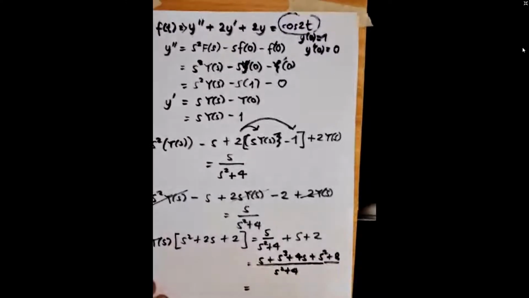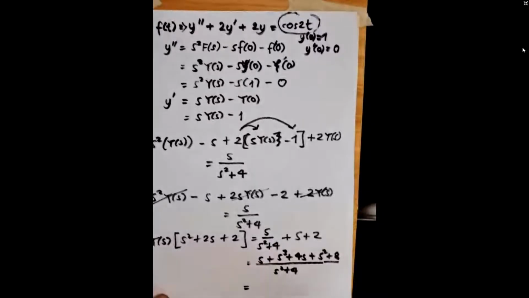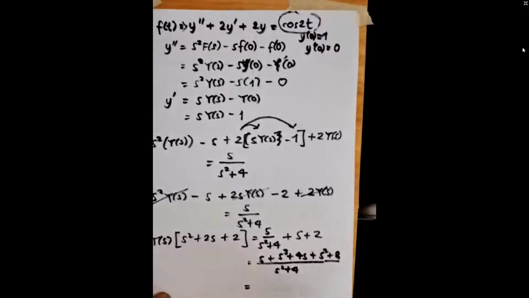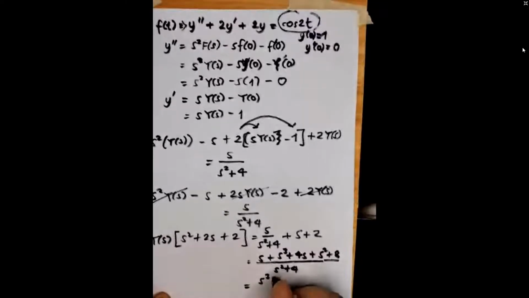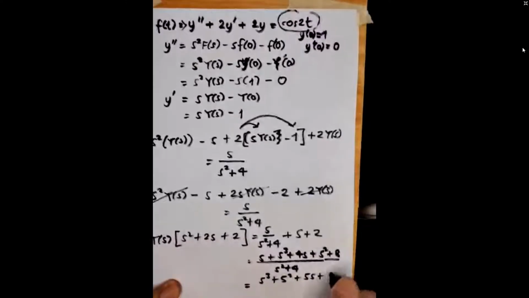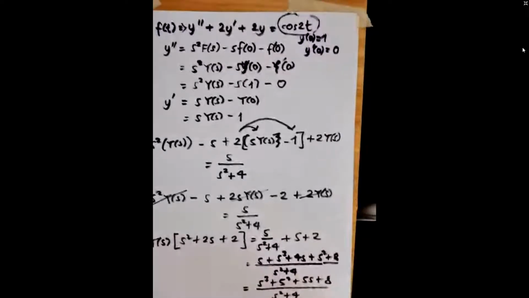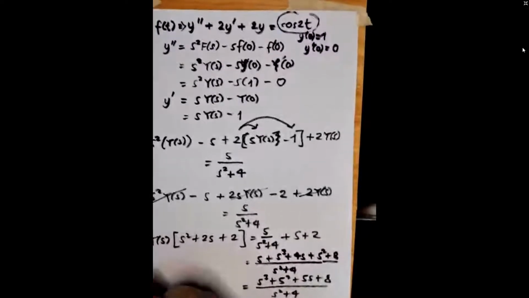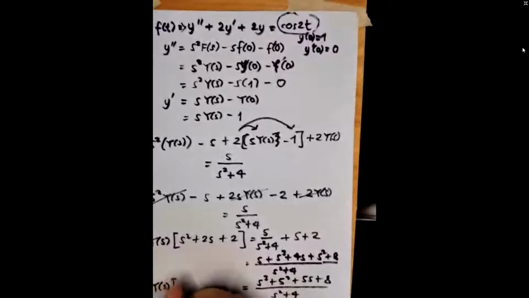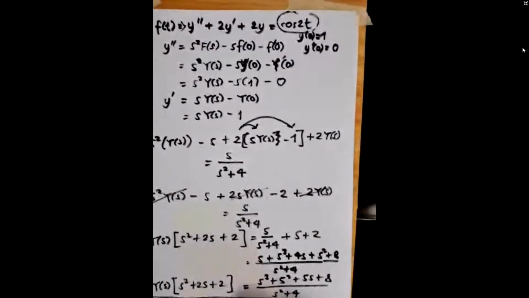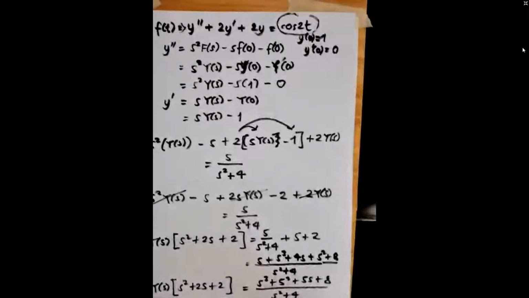So that's equal to s cubed plus s squared plus 5s plus 8 all over s squared plus 4. So let me copy this one, and then divide this by s squared plus 2s plus 2.